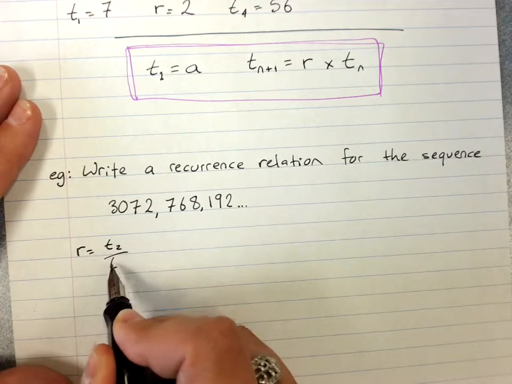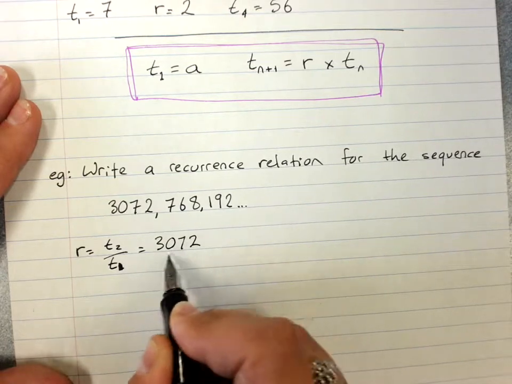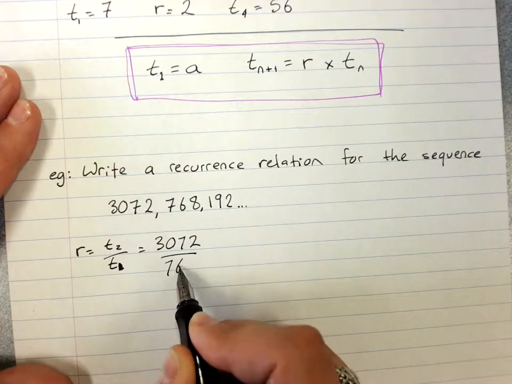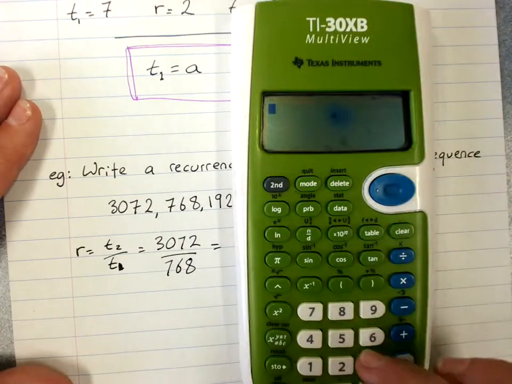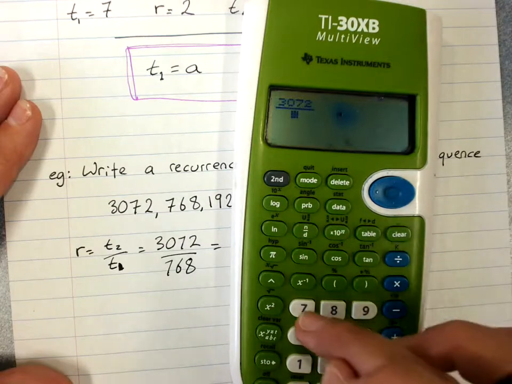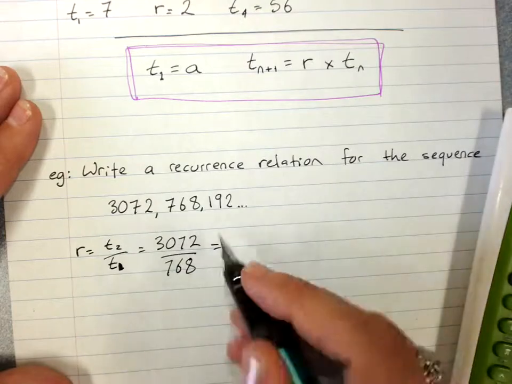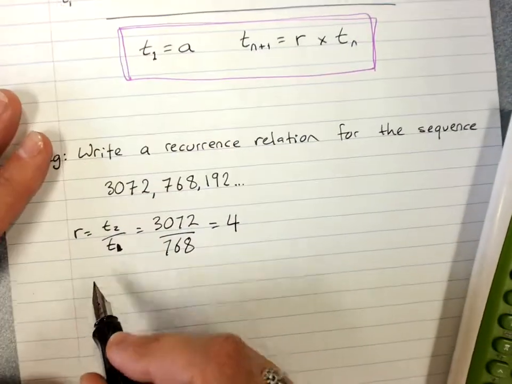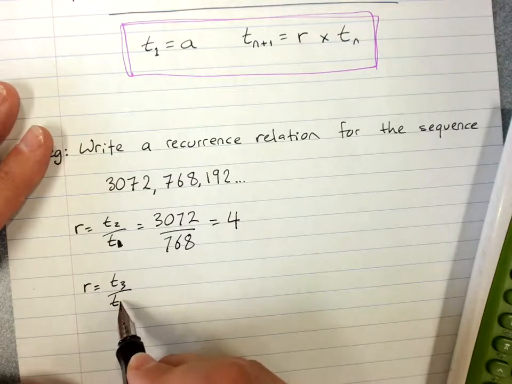Term 2 divided by term 1 is 3072 divided by 768. And check that the next one is a common ratio, T3 over T2.